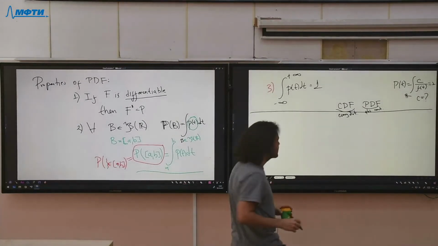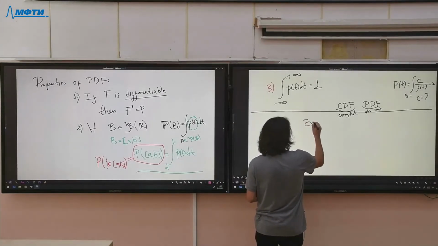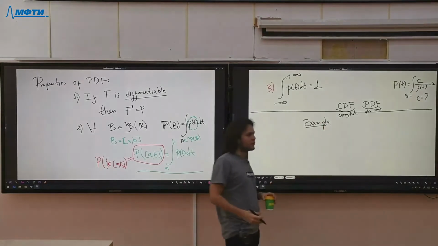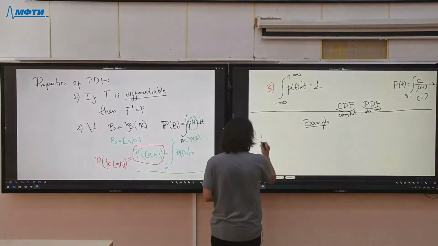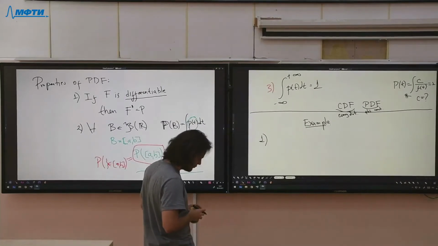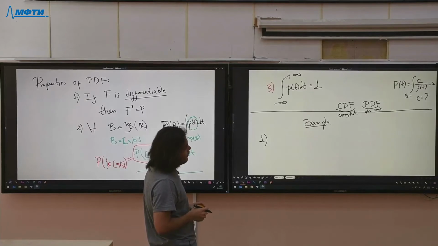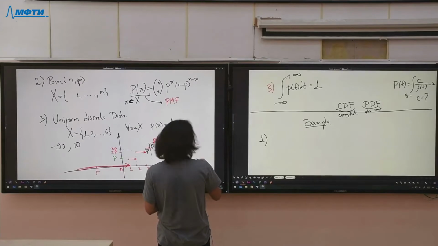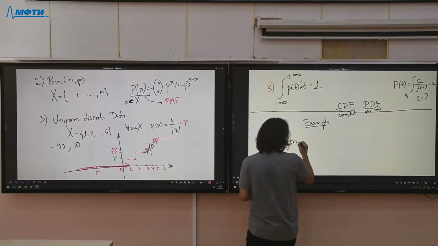By examples, I mean the most famous absolutely continuous distributions. The first one is the uniform distribution.